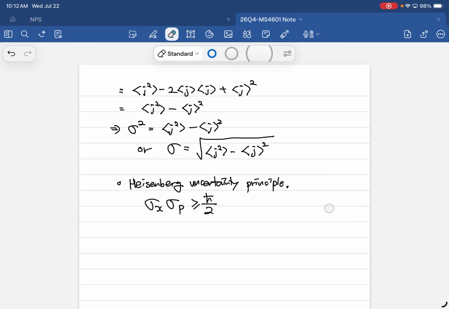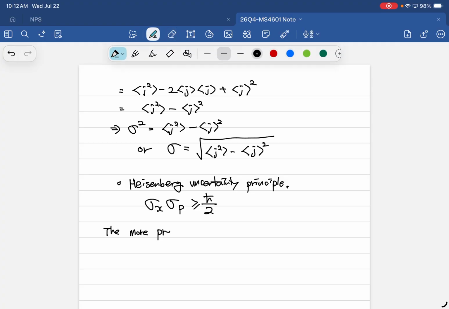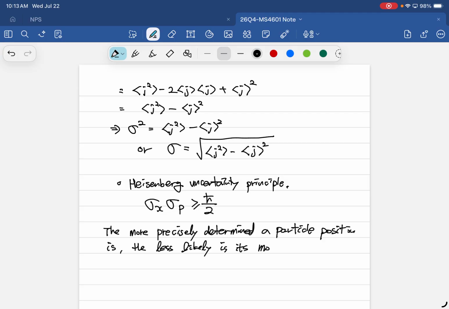So here, let me write it down. What this means is that the more precisely a particle's position is determined, the less precisely its momentum can be.